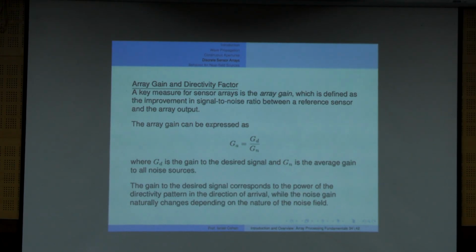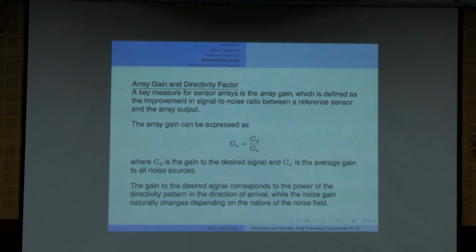And this is very interesting, because directivity is very important. It shows the improvement in signal to noise ratio under conditions that noise comes from all directions.